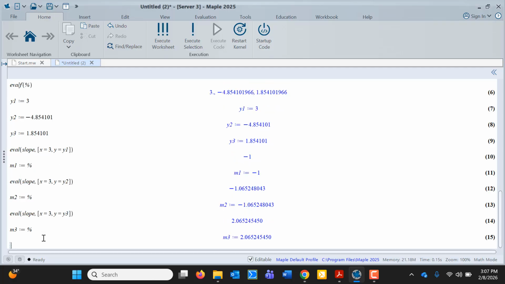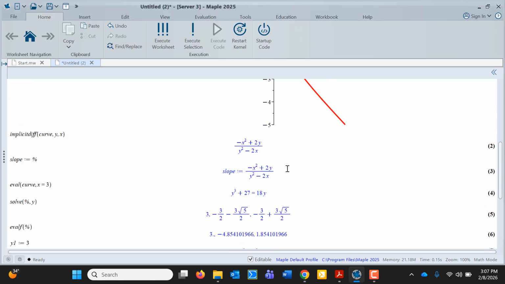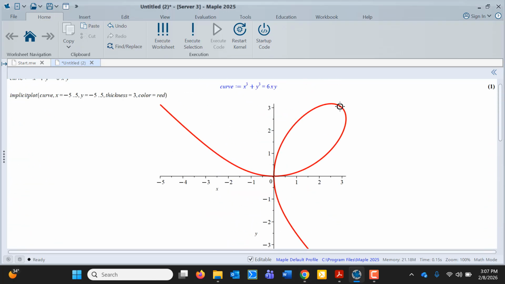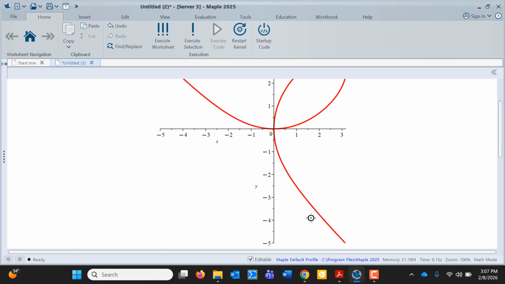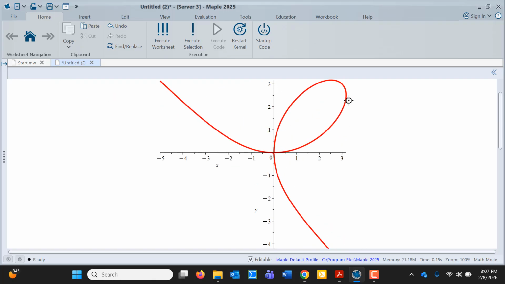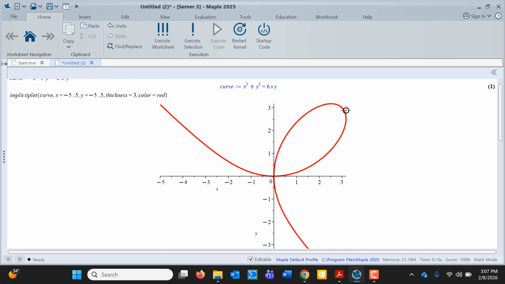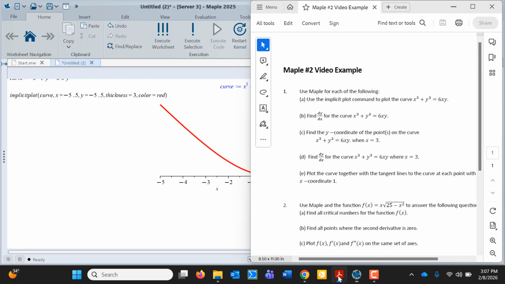Okay, so we have 3 points at x equals 3 here, here, and down here, and there's 3 tangent lines with 3 different slopes. So what I want to do for the last question here is plot on this curve all 3 of those tangent lines.